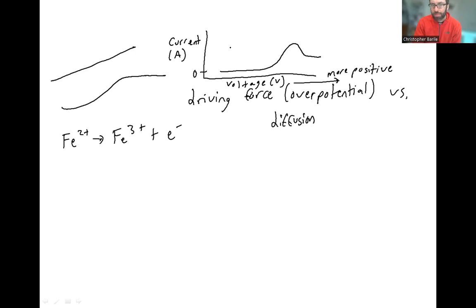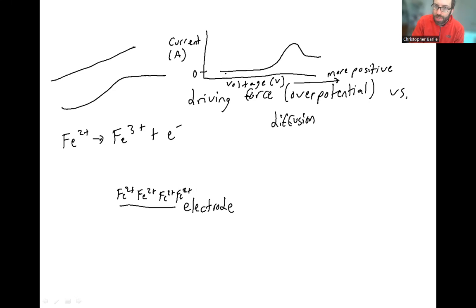Well, let's imagine we have our electrode surface. At the beginning of the experiment, at low magnitude voltages down here, we have a bunch of iron 2, our reactant, on the electrode surface.